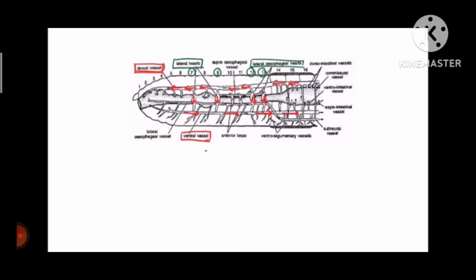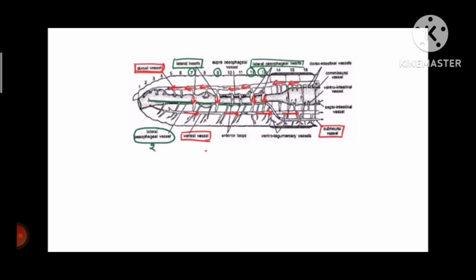Some more important blood vessels are subneural vessel. Now what is this subneural vessel? We can observe lateral esophageal vessel here. This is lateral esophageal vessel running laterally to the gut.